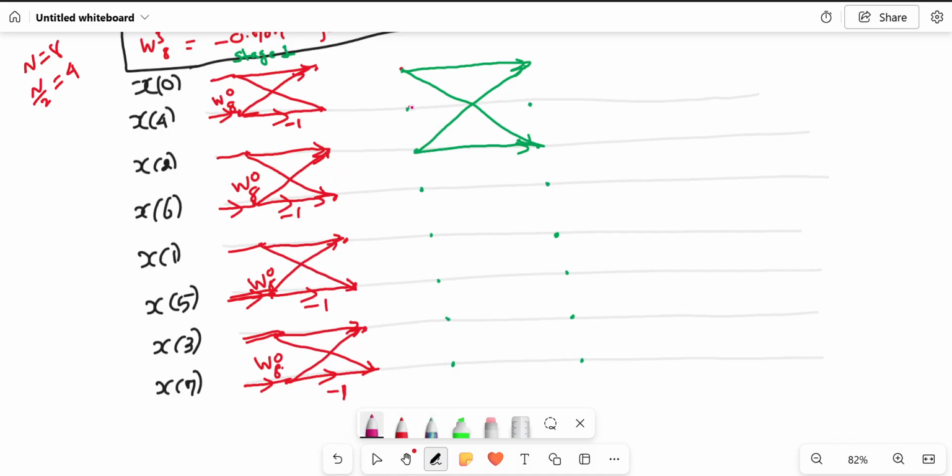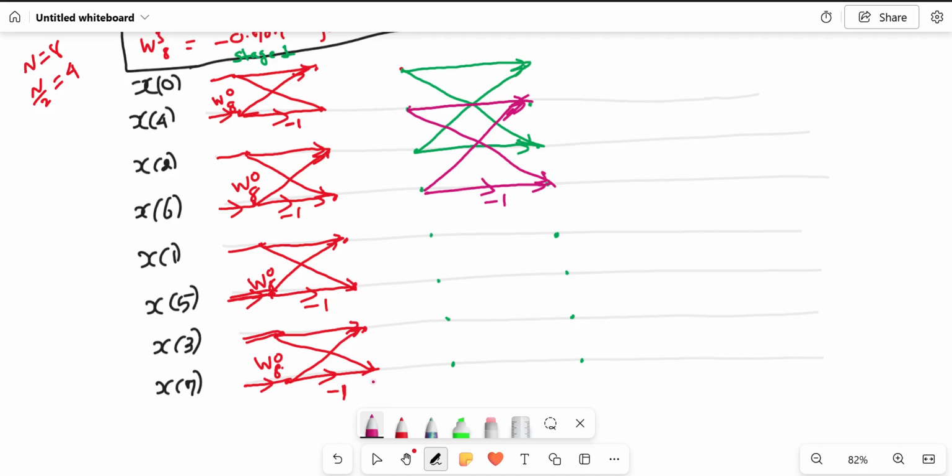In this butterfly the lower wing should have -1.